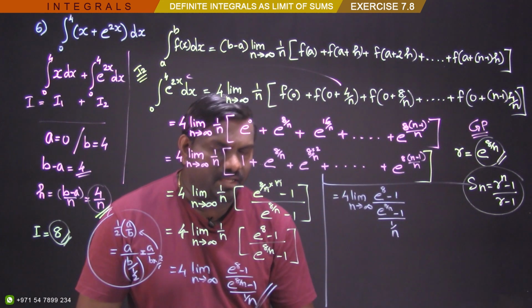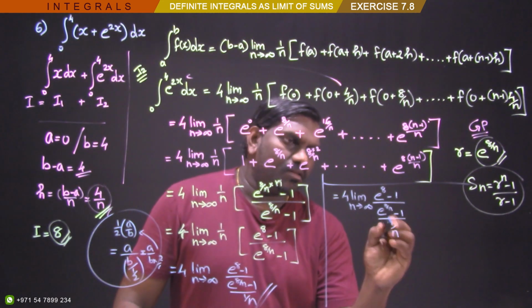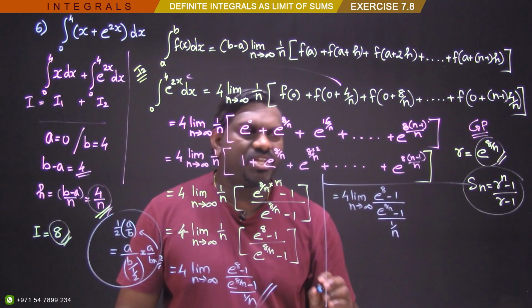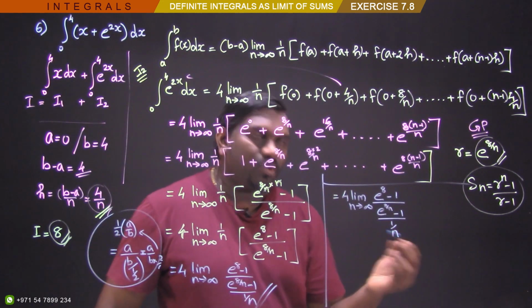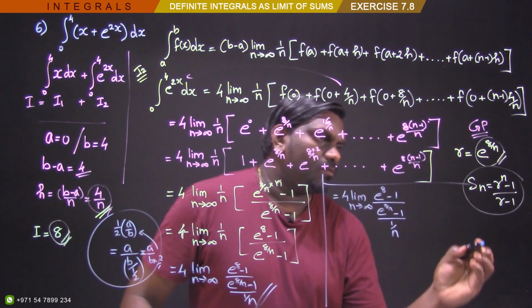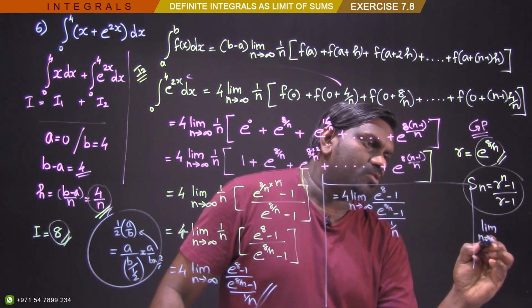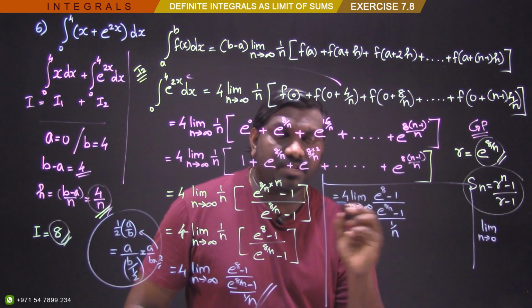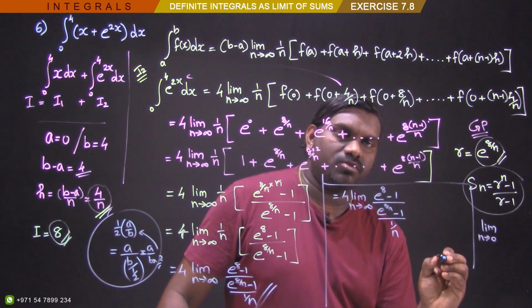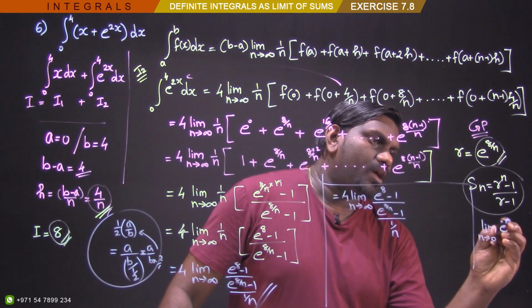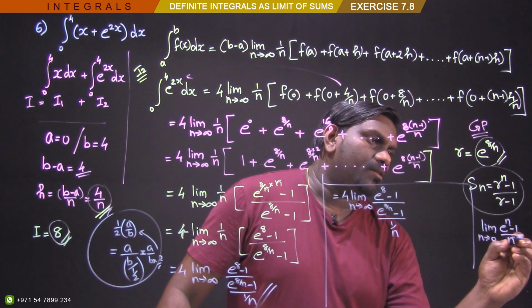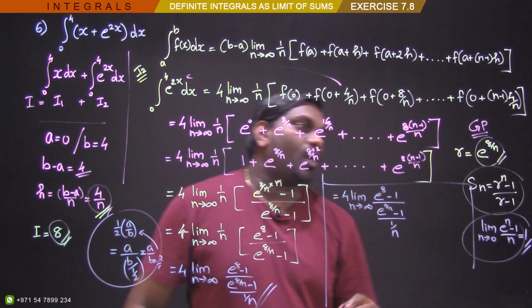As I said earlier, we brought 1 by n down, and that is all correct. But we know that limit n tending to 0 of (e raised to n minus 1) by n is equal to 1.